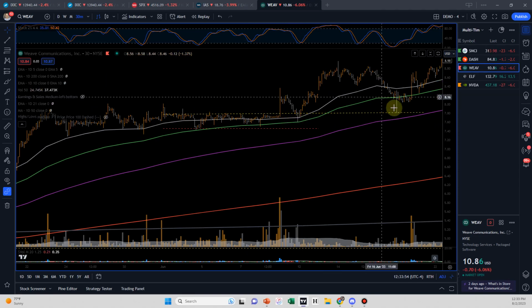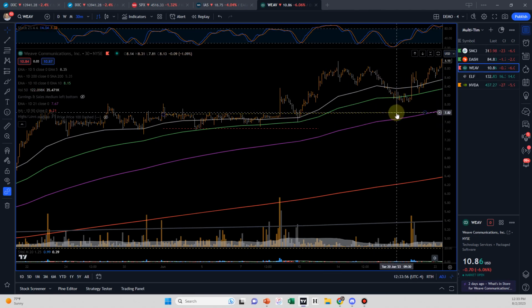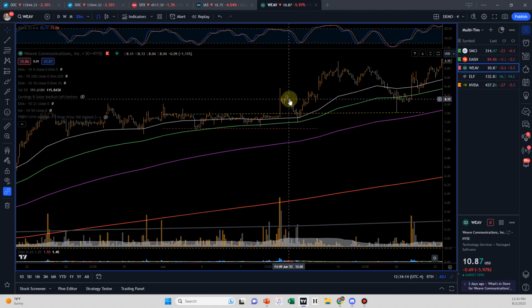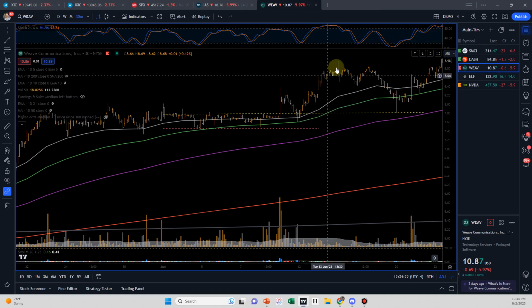When price is pulling back over here, the appropriate place for the stop would be either right around the pivot area, right below here, because that's the most recent swing low. If you're looking at this as far as swing high, swing low, then this is the most recent swing low, because price ran here.